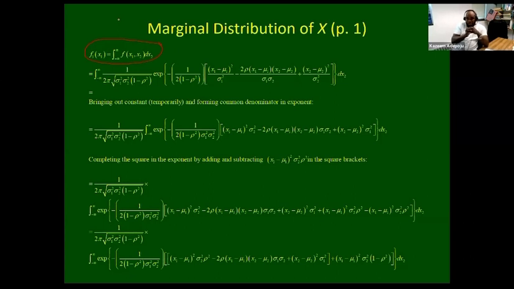Then all I'm going to do is integrate with respect to the variable X2 that I'm not interested in. You remember I said something like that the other time. That is exactly what I'm doing here. I put a joint normal distribution now, and I want to integrate with respect to X2.